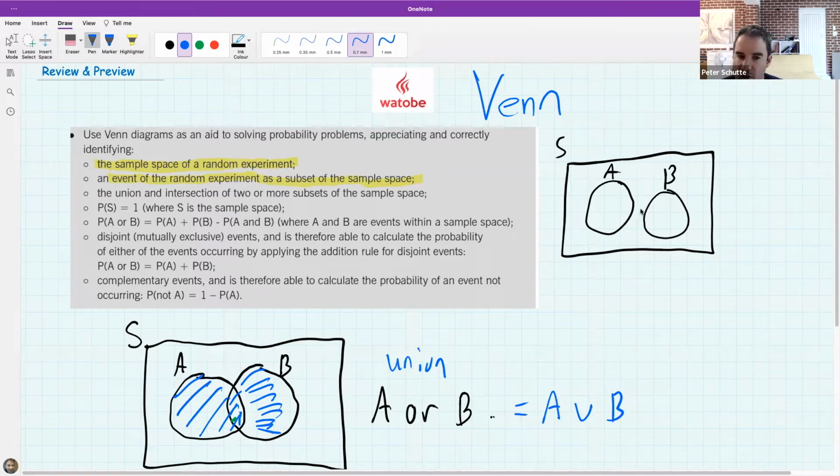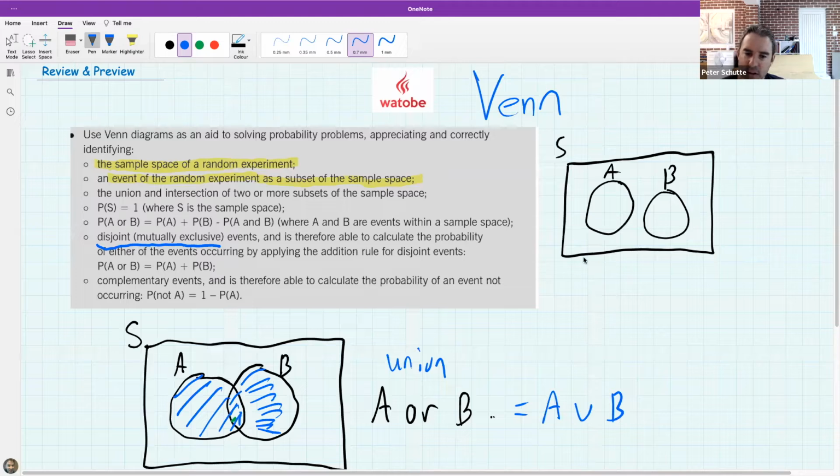There's no element which belongs to both A and B. There's no outcome that's possible to be in both A and B. Another word we use is disjoint, but normally mutually exclusive is the term that we use. Basically it just means that if you're in A, you can't also be in the event B.